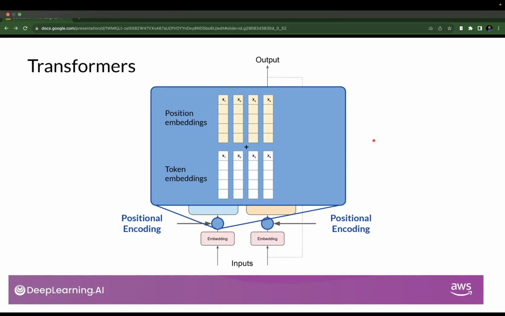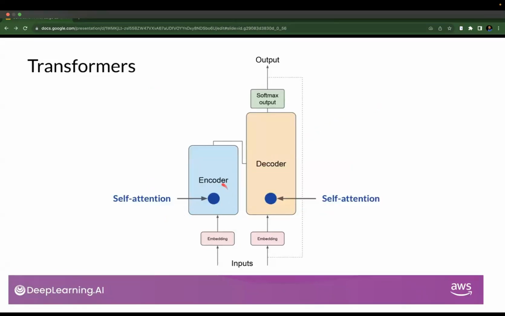That is why, once the token embeddings are calculated, they are added with the positional embeddings. So positional embedding plus token embedding is what goes as input to the encoder. The encoder has two neural networks. One is the self-attention, and then there is a feed forward, which is a fully connected neural network.